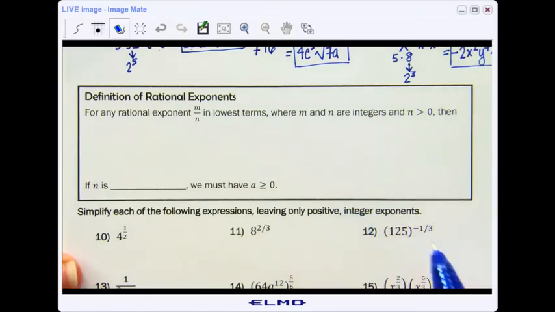When working with the definition of rational exponents, it's helpful to understand how rational exponents relate to radical expressions.